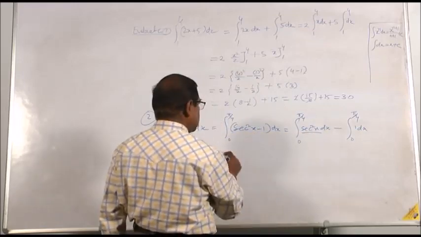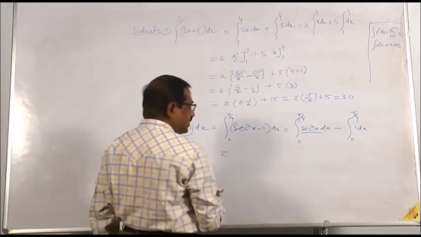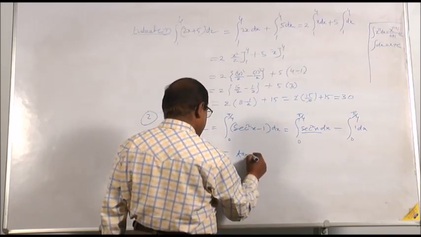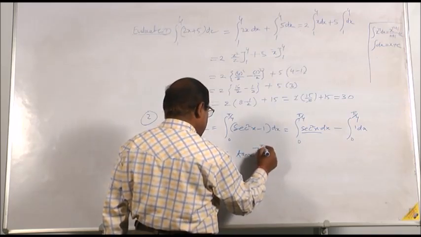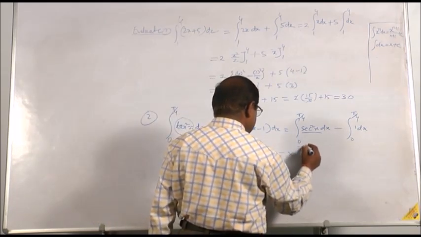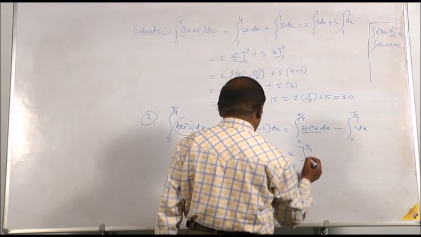The derivative of tan x is sec² x, so its answer is tan x, and the other is x, with upper limit pi by 4 and lower limit 0.